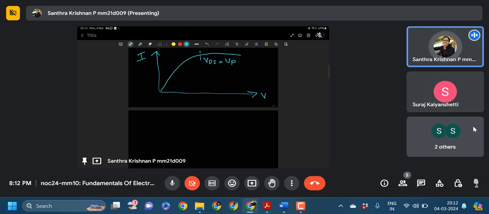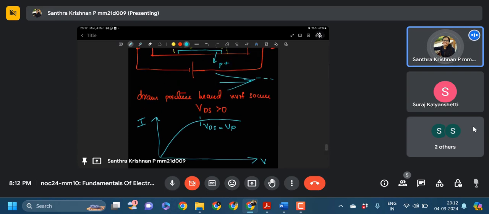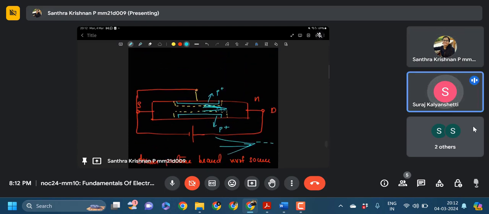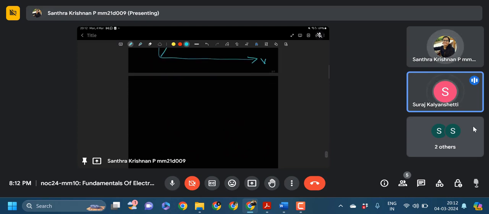Okay, you're asking what happens if, instead of shorting the gate and source, you apply a potential between gate and source.